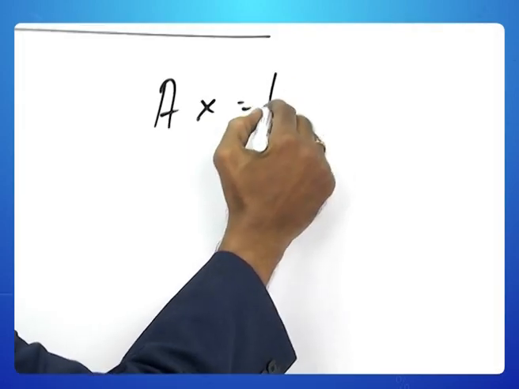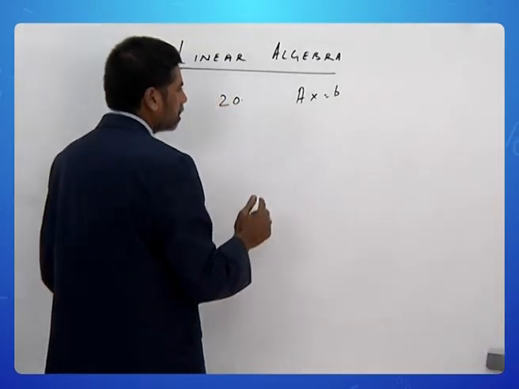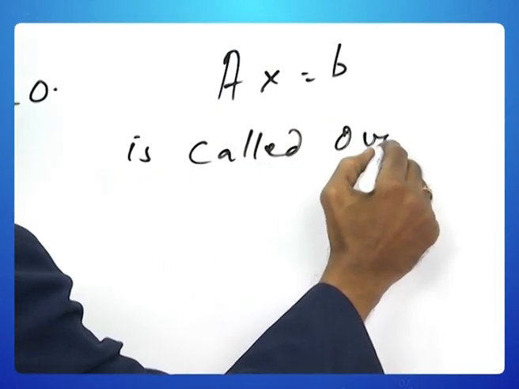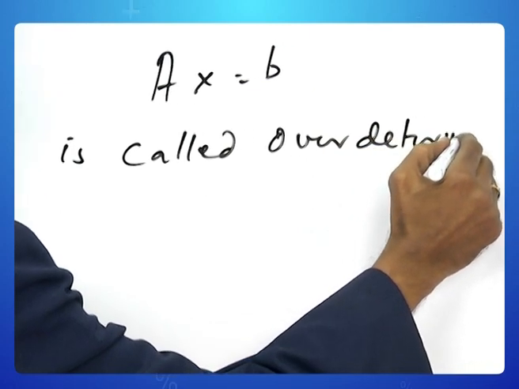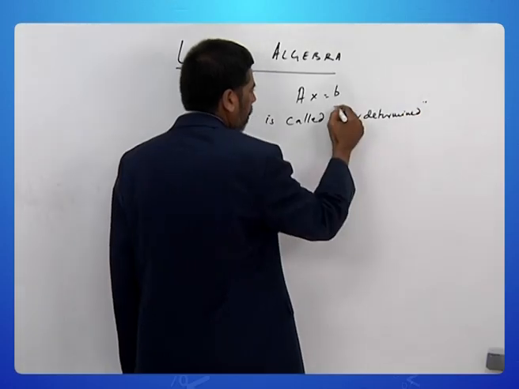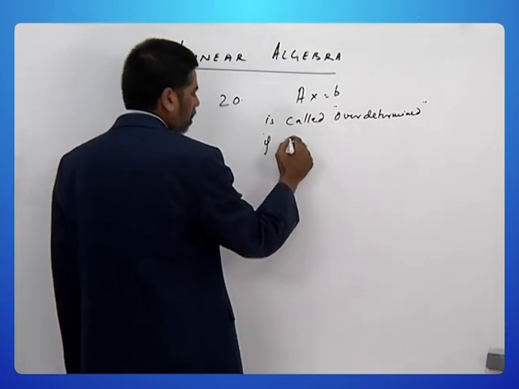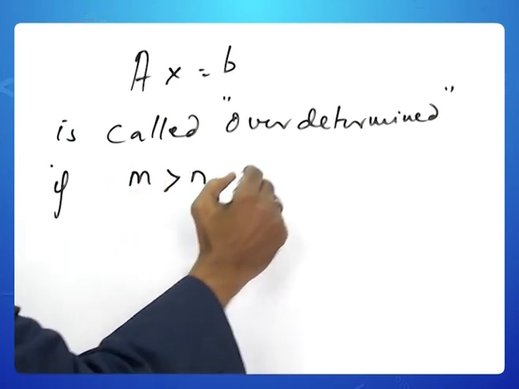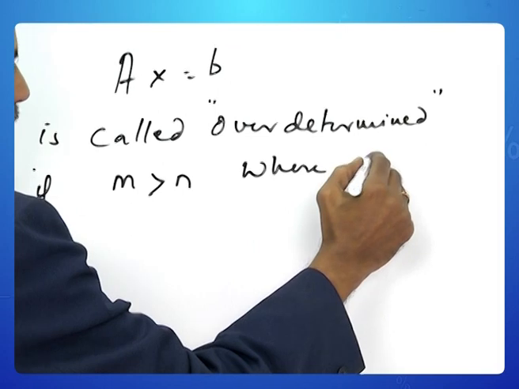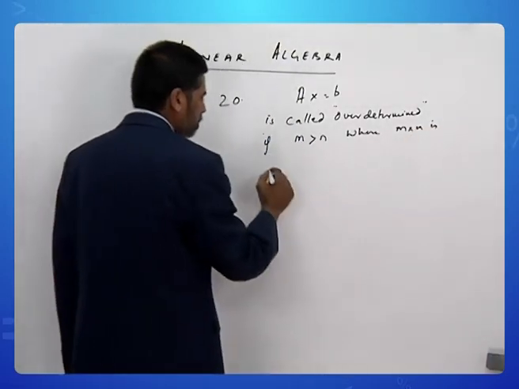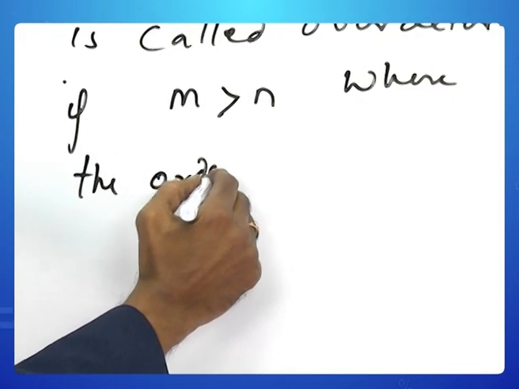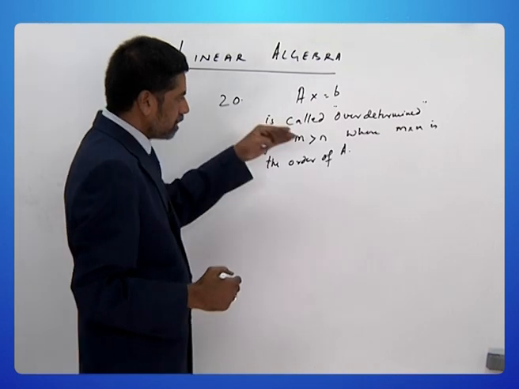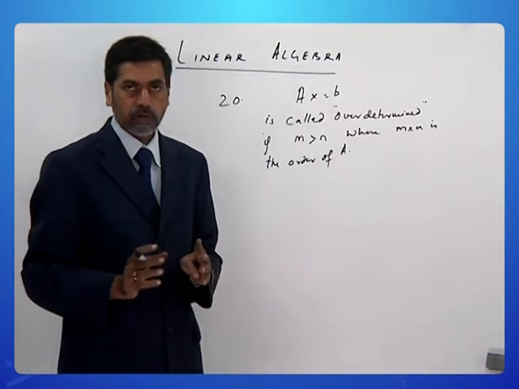When you are given a system of equations Ax is equal to B, this is called overdetermined if m is greater than n, where m by n is the order of A. That means it will have more equations than the number of unknowns to be determined.